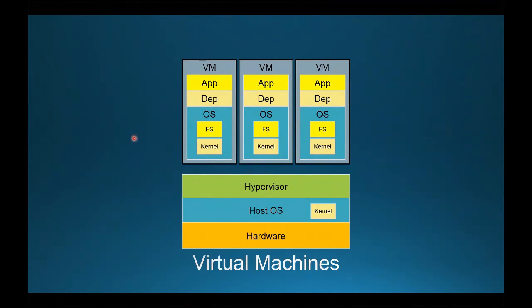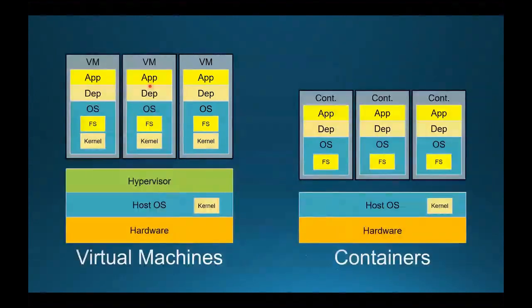And this is what most people would consider a cloud computing environment. Each virtual machine has its own operating system, its own file system, and its own kernel, and has its own individual dependencies and applications. Now, these typically take a bit of time to boot up.